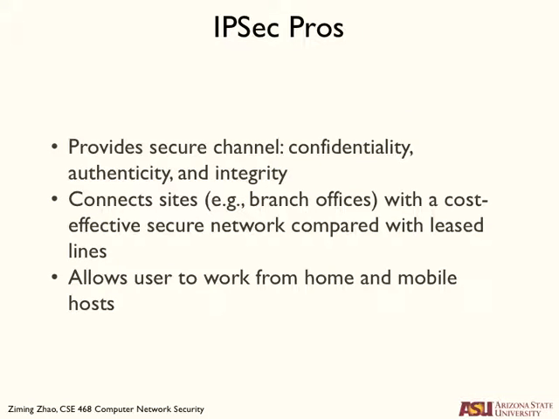So IPSec has many advantages. It gives us a secure channel and provides confidentiality, authenticity, and integrity. It has been widely used to connect sites together, and compared with having a dedicated physical channel, even if that physical channel is secure, this way is much, much cheaper.